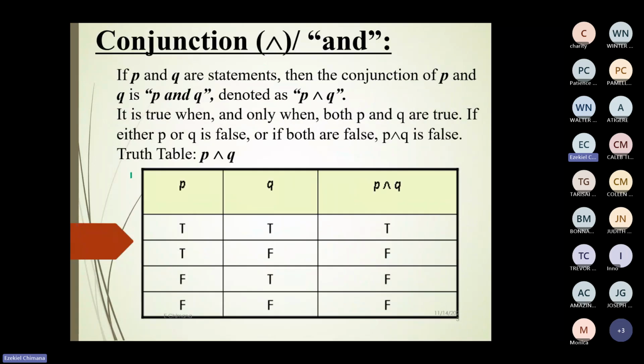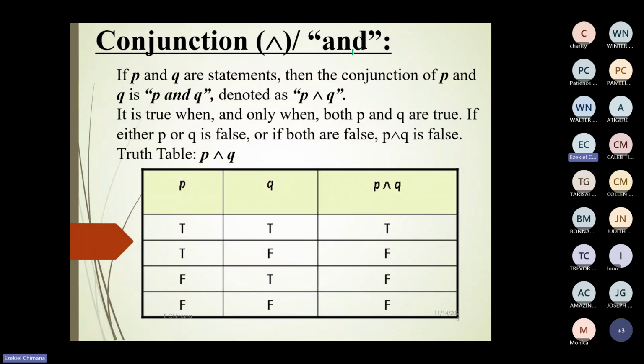Let's look at the conjunction, the and. So we are looking at all those operations and how they affect the input. We are going to do the and, the or, the if-then, and then the if and only if, which is the biconditional.